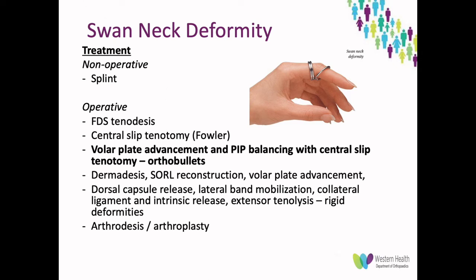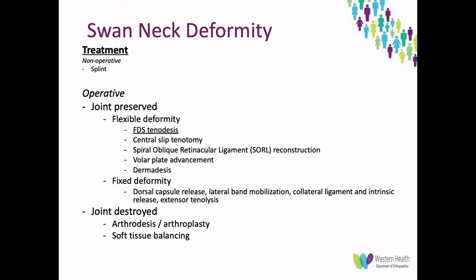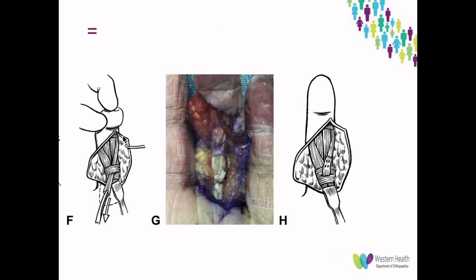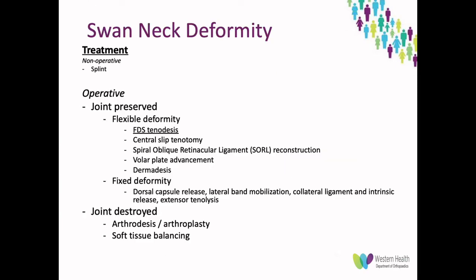For non-operative treatment, patients with flexible deformities can use a ring splint. Operatively, patients must have the deforming forces addressed. Where the joint is preserved, this can be overcome with soft tissue reconstruction.